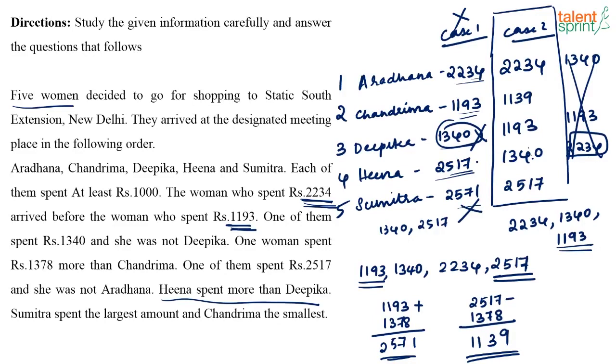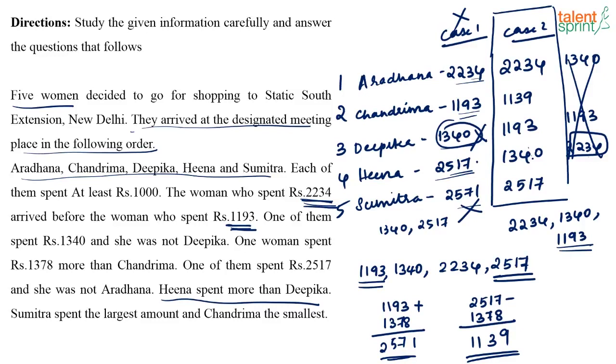You have to take into consideration these two or three conditions that are given to you. These things you should not miss. Attention to detail. They arrived at the designated meeting place in the following order. This is the order in which they are going to arrive. Very, very important to consider. We might miss out on these minor details.